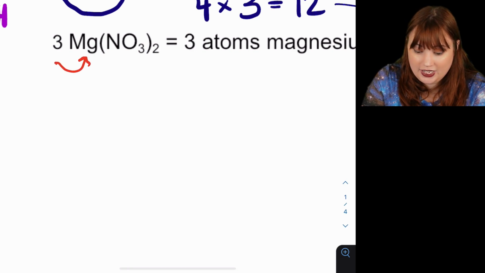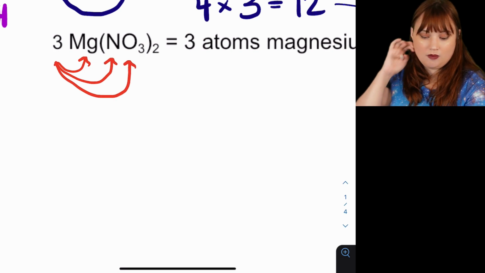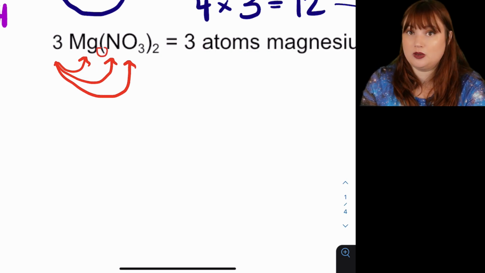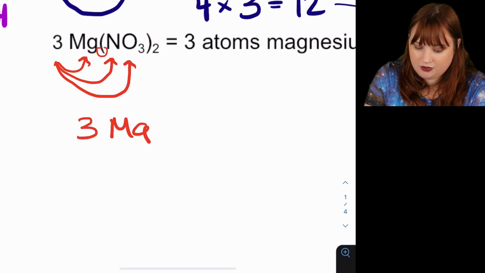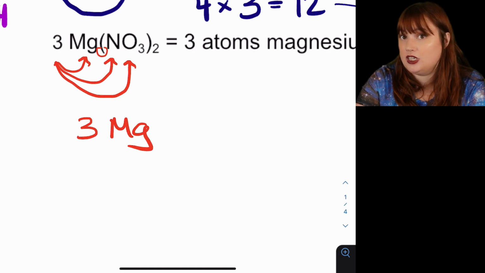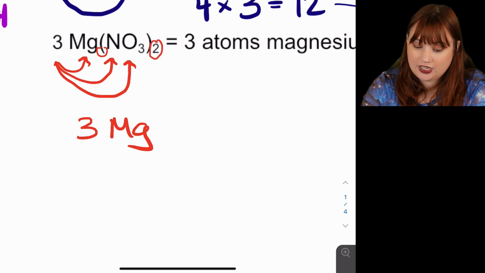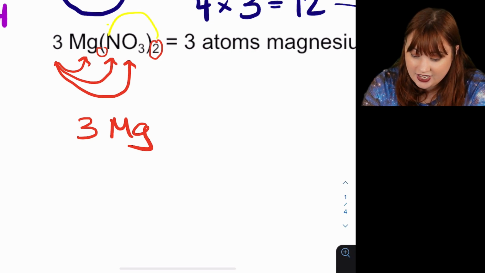This 3 multiplies everything in this molecule. Everything. So let's see. Magnesium, no subscripts. So that means we just have 3 magnesiums. The nitrogen doesn't have a subscript immediately next to the N, but this little 2 on the outside of the parentheses does affect that nitrogen.